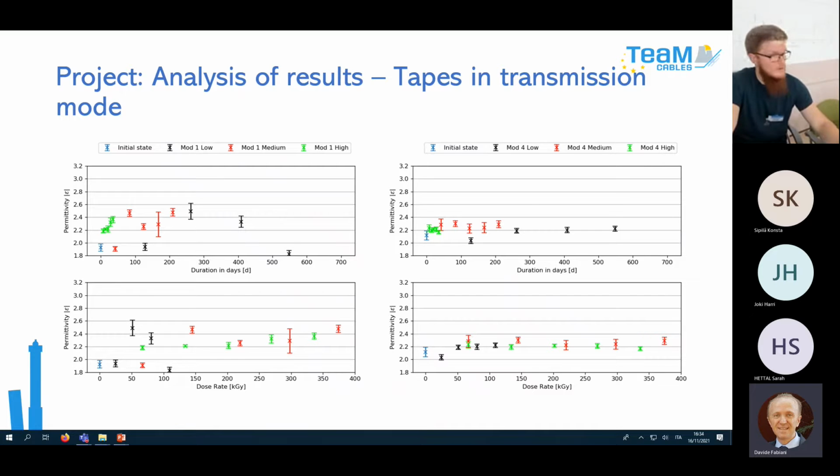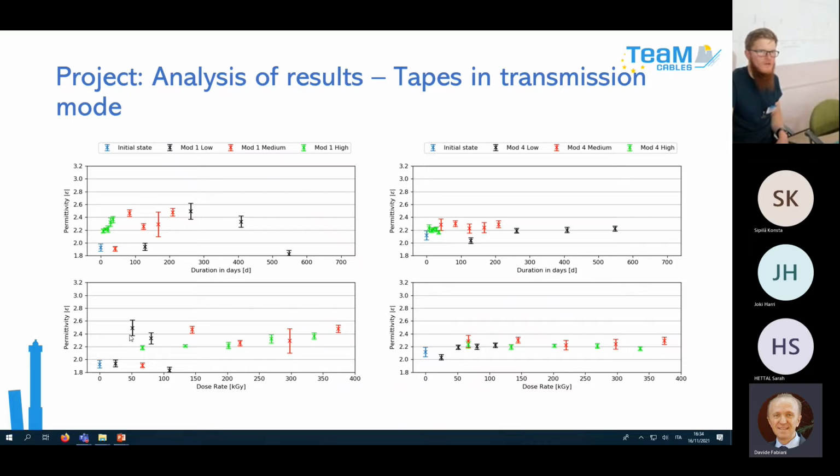Maybe it goes up, maybe it goes down. As Davide said, there are some reactions going on. Maybe dipolar groups are being generated during this aging, and they should be detectable in some way. But as you can see here, the measurements are pretty chaotic.